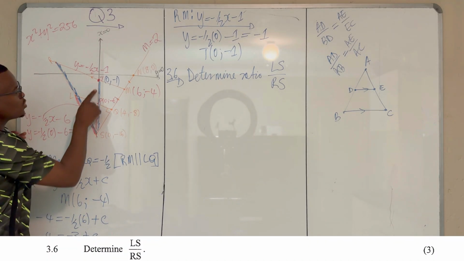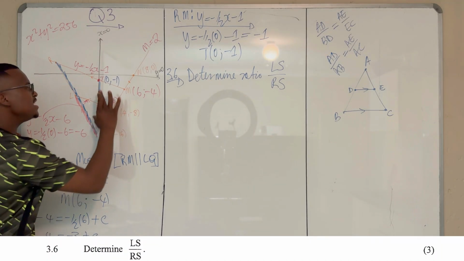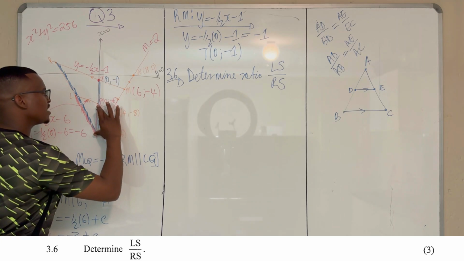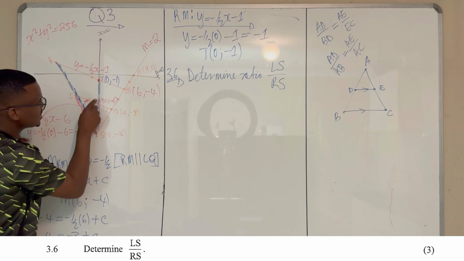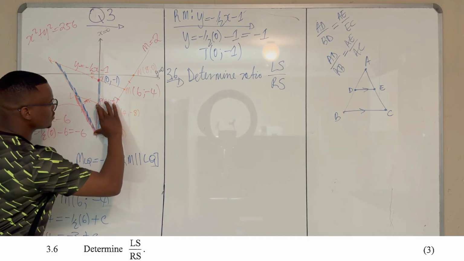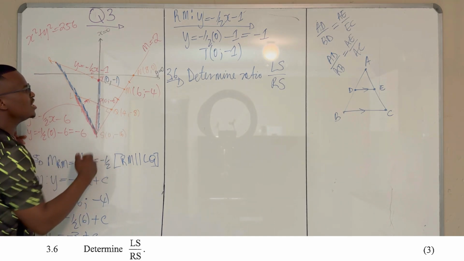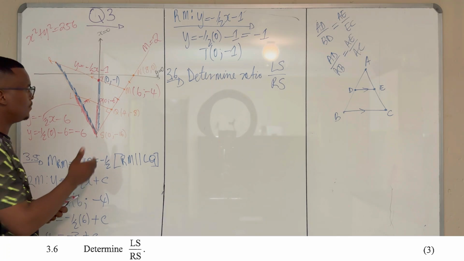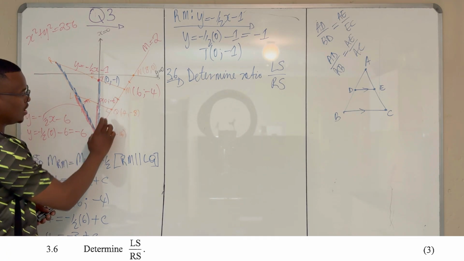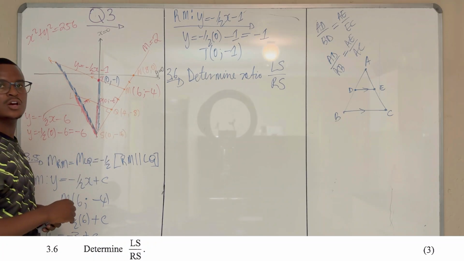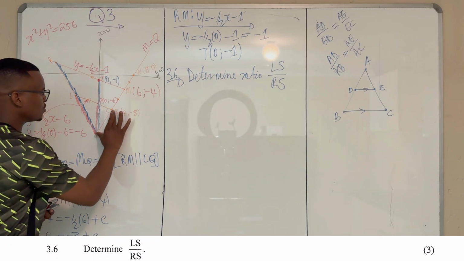The reason I'm using this one is because it's easy to find these distances here. These are vertical distances. So this distance over here, this distance over there, or that distance, it will be easier to find. That's why I'm using this one. You could use this as well, but you'd have to go and calculate these distances, which I'm lazy to do. I don't want to go and find those distances.